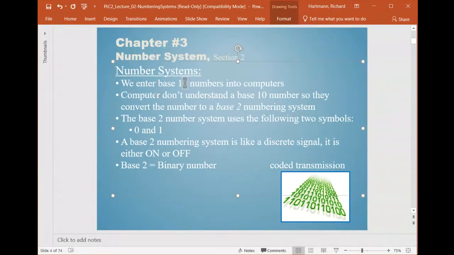It can't be one of 10 different values, 0 through 9. There are no values between 0 and 9. You either have a 0 or a high.